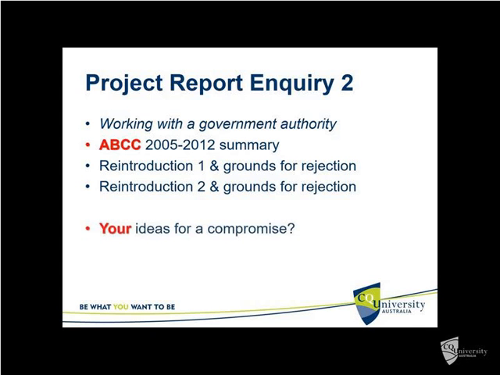Again, it's your ideas for a compromise. How would you have got this to work? How would you have got it back if you agree it needs to come back at all? You may not. The main union that was bandied around as the bad boys was the CFMEU, the construction one.